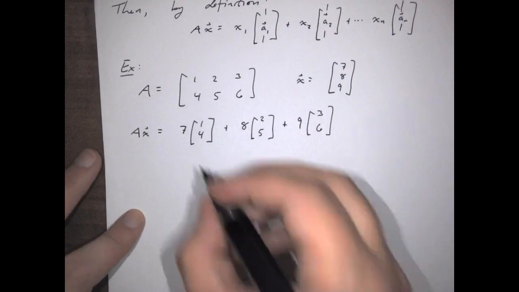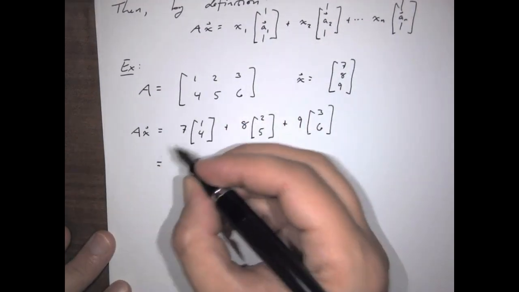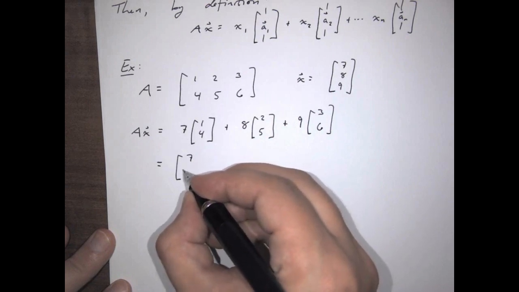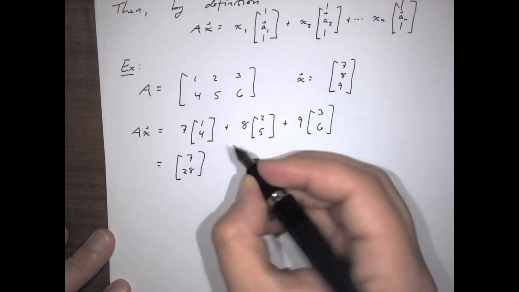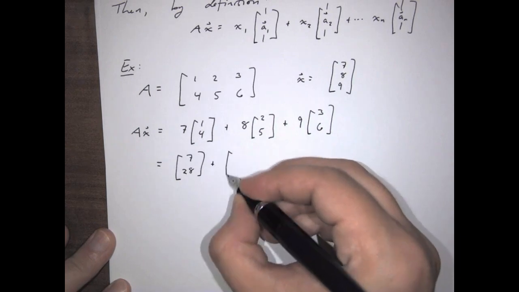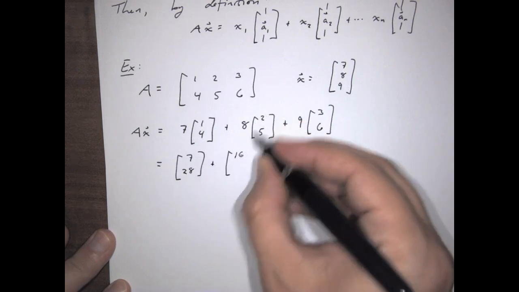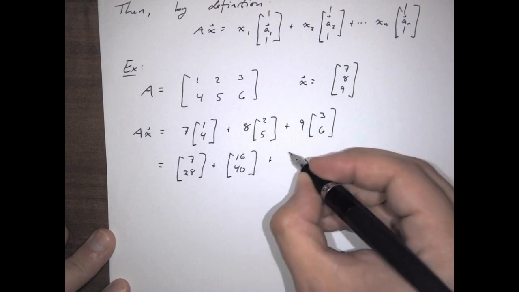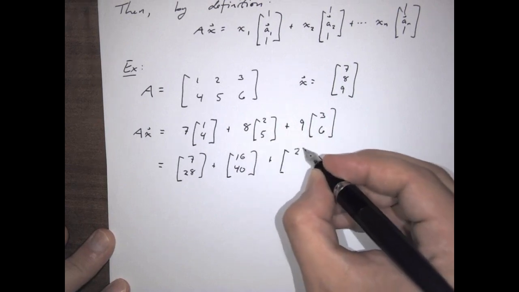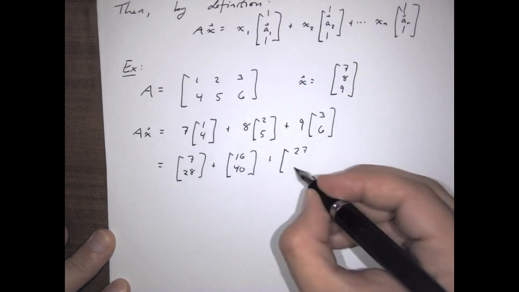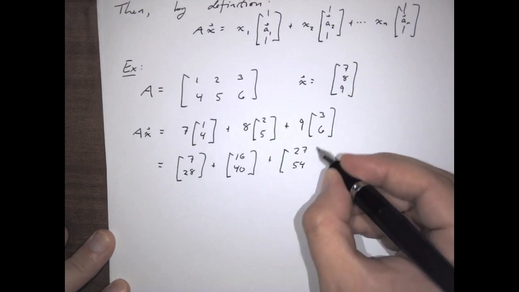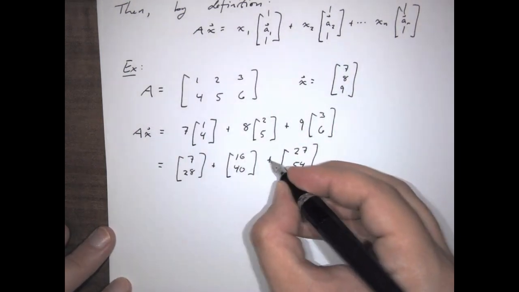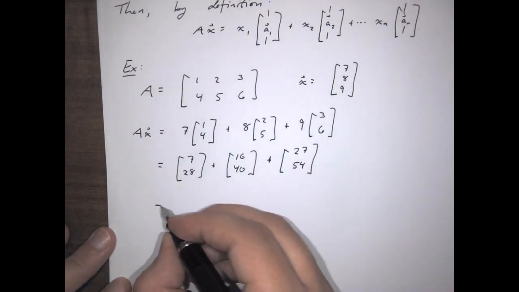which then, if we actually apply these scalar multiplications, we'd get 7, 28, plus 16, 40, plus 27, 54, and then we would add these up.